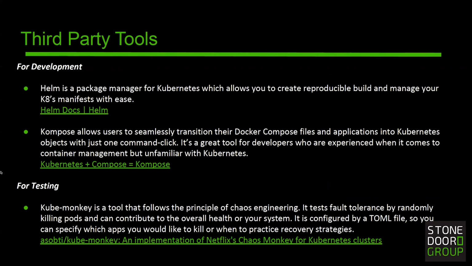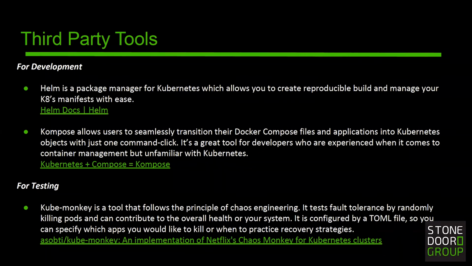For our developers, Helm is a package manager for Kubernetes, and this allows you to create these reproducible builds and then manage them and manage your Kubernetes manifests with ease. And then we have Compose. So this would allow you to seamlessly transition Compose files and applications into Kubernetes objects.